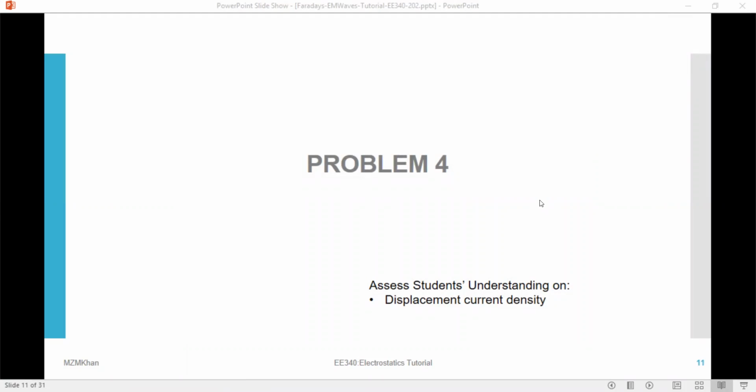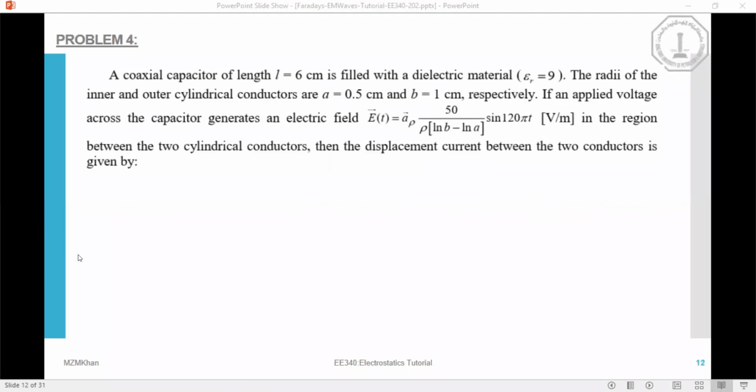So this is the displacement current density. We are assessing the displacement current density knowledge.